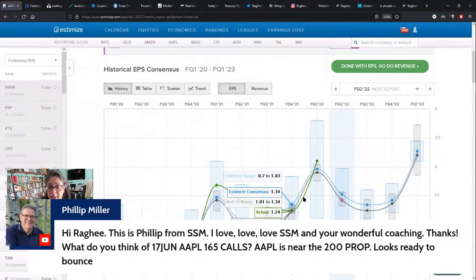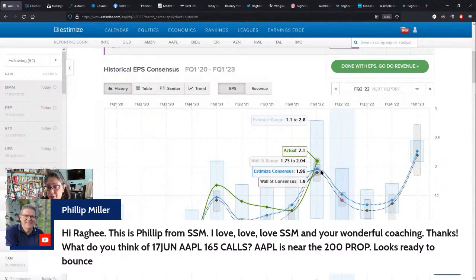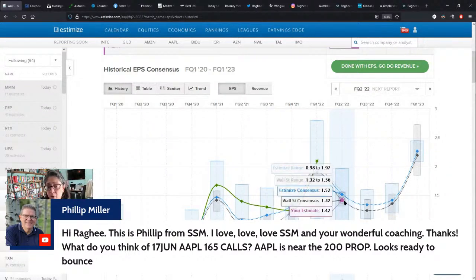You can see here Q1, not so much. Q2 went back to outperforming. So am I going to presume that we'll probably be above 1.52 on earnings per share? Yes. And if we are, that's the number, gang, that's the number. So when people ask, what would send Apple higher? It's not a secret squiggle. It's the bet that you're making when you're playing earnings.